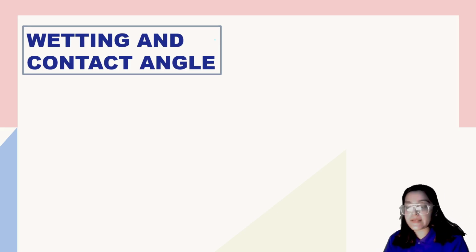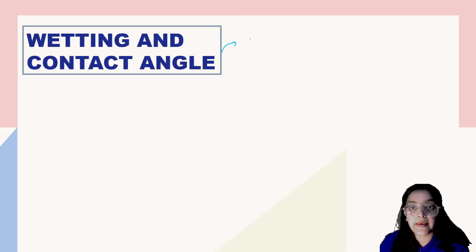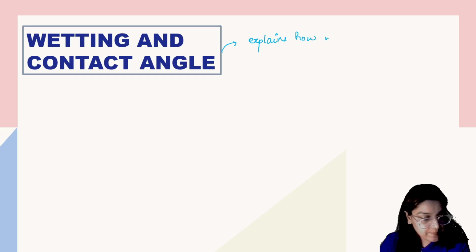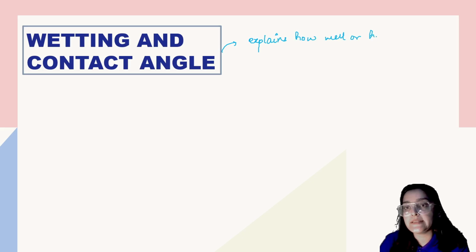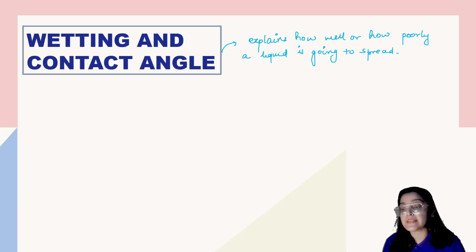So wetting and contact angle: contact angle explains how well or how poorly a liquid is going to spread over the surface.